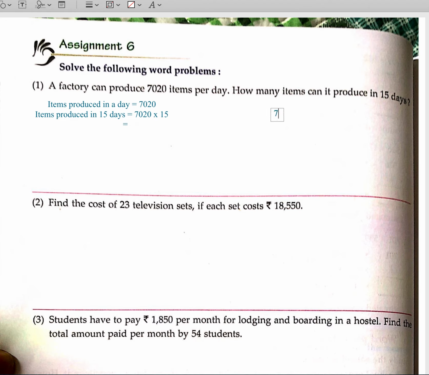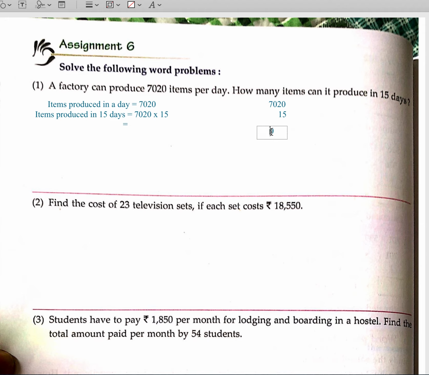So here we'll write 7020 and then below it we will write 15. Then we'll start. So first, 5 into 0 is 0, and 5 into 2 is 10.